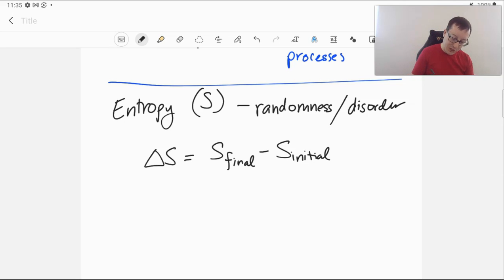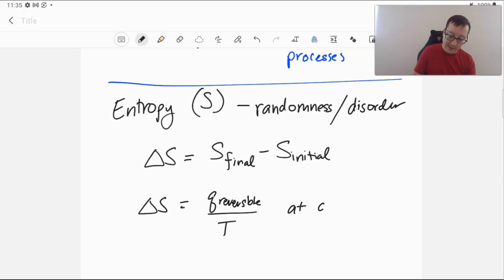Because we're going to see that the change in entropy for a reversible process, even though in real life things are not reversible, is related to the change in heat for a reversible process over the temperature in Kelvin. And this is going to be at constant temperature as well.